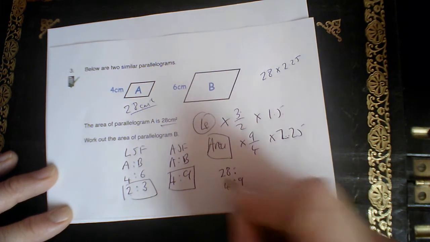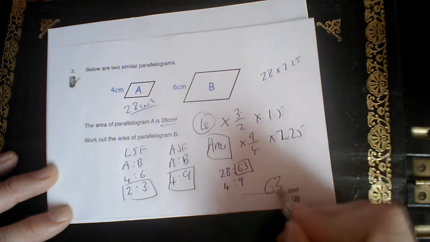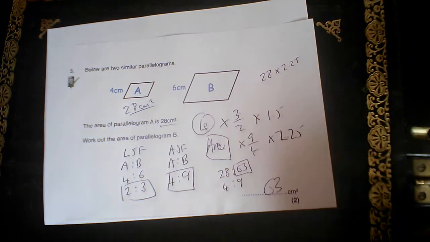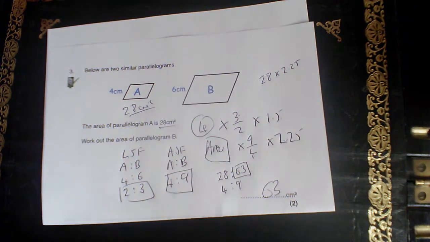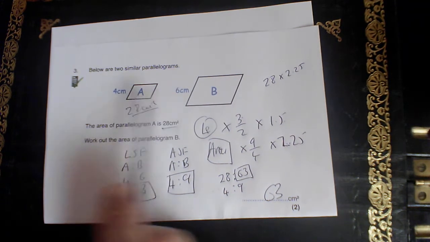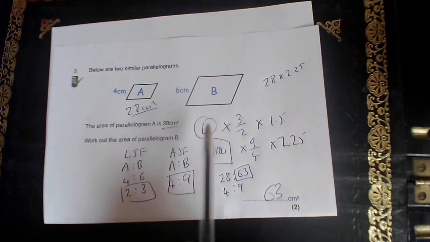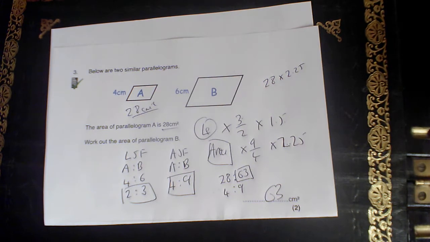Well, 4 times 7, 9 times 7, I know that's going to be 63. So that's 63 centimetres squared. 4 to 9 is the ratio of areas, so that's got to be 28 to 63. So remember, length ratios 2 to 3, 4 to 6 simplified. So the area ratio is 4 to 9, 2 squared to 3 squared.